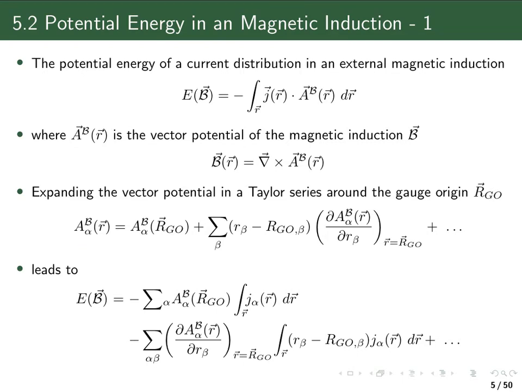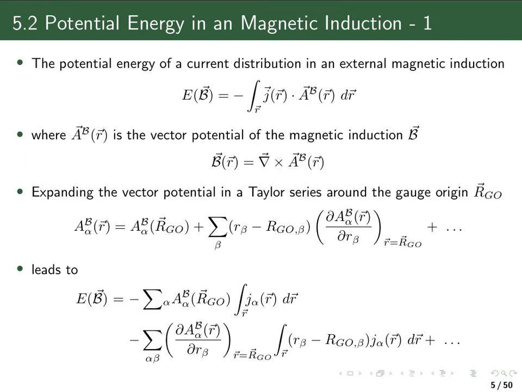a vector. Now inserting this expansion in our expression for the energy of the current density in this vector potential, we get these terms here, and I'll write the first two terms again.